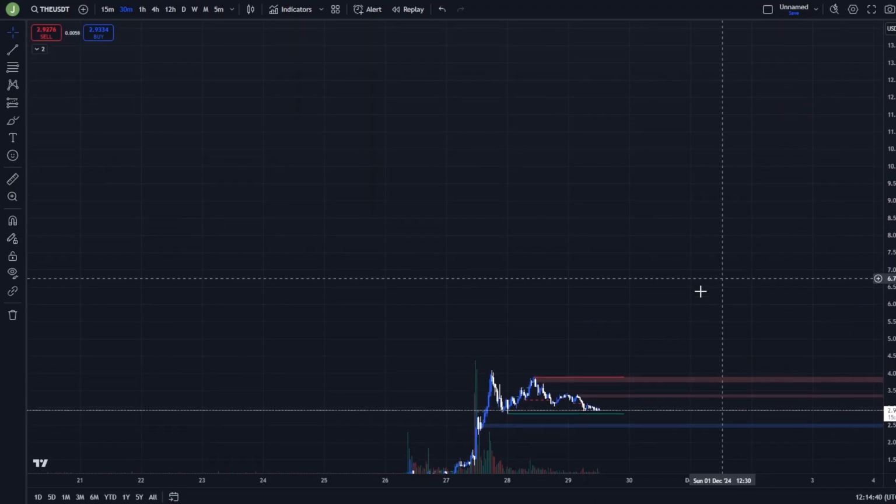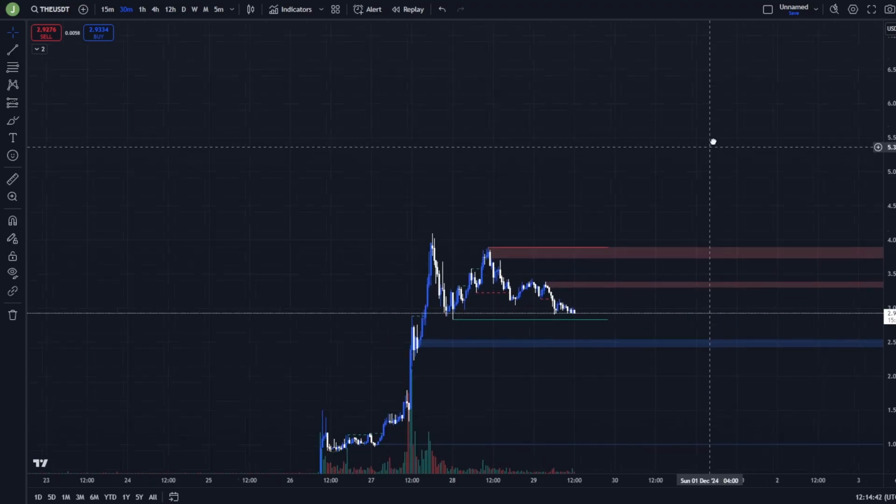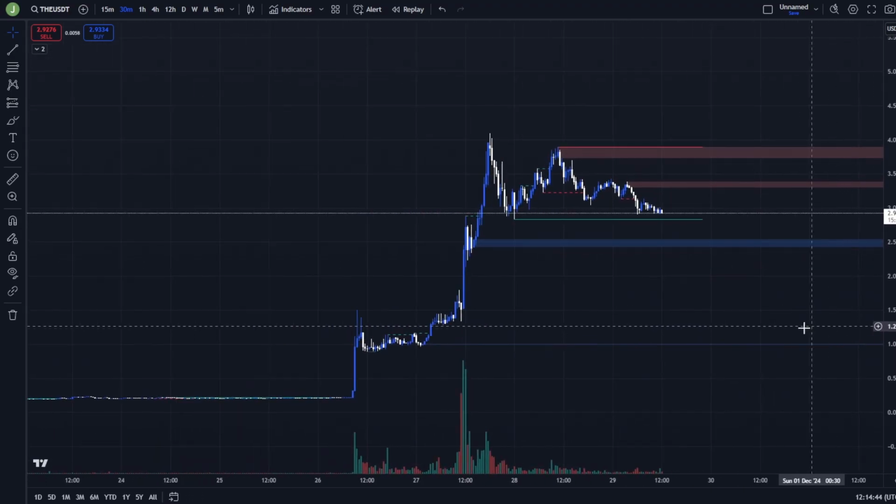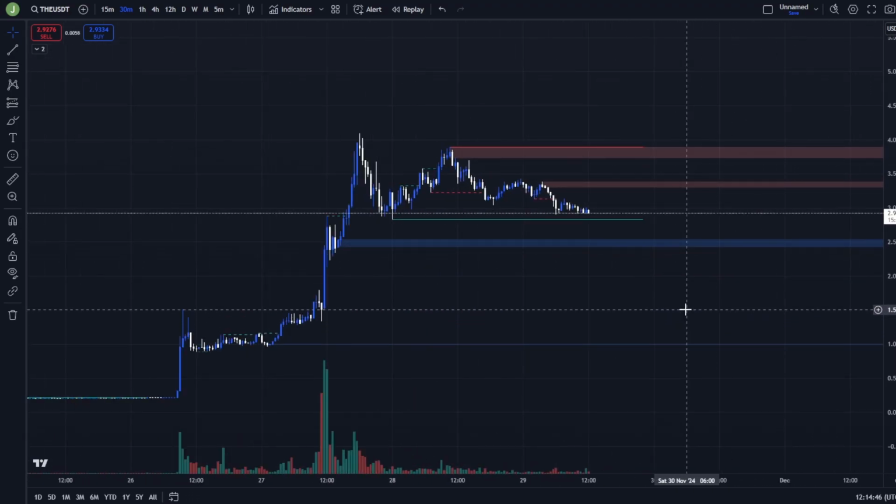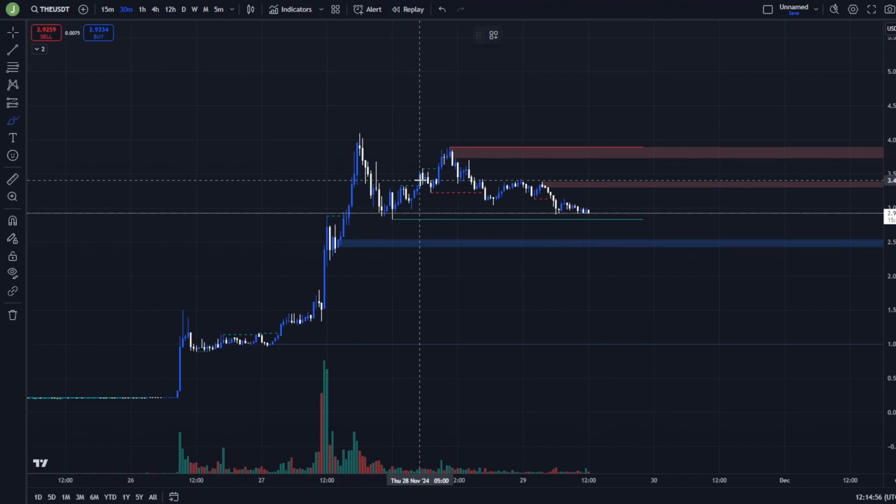Of course, it doesn't mean that right now you should put all of your funds in this coin. If you want to gamble on a coin like this, definitely do it with a small portion of your investing or trading portfolio. And if I were to open some trading positions here, I would definitely not risk more than, for example, 1% of my trading account.